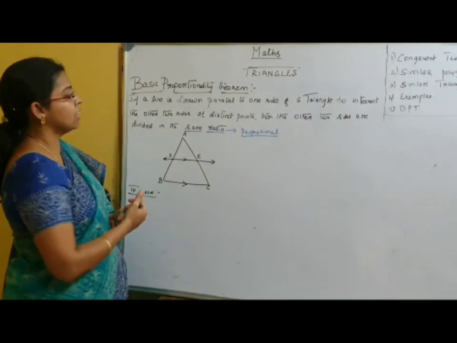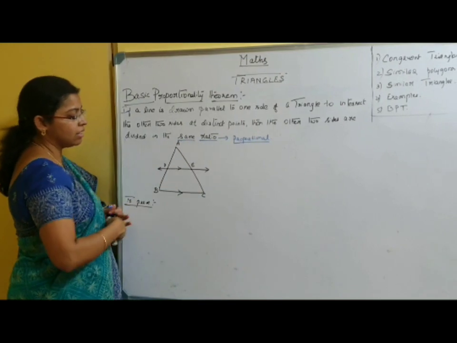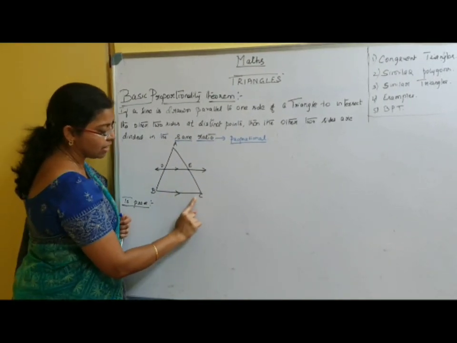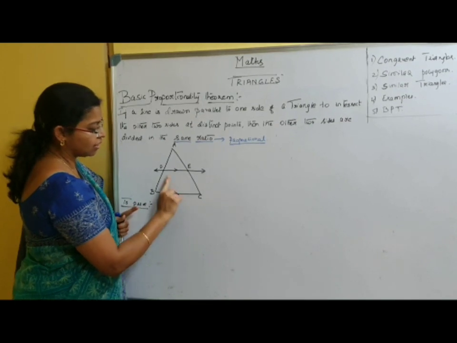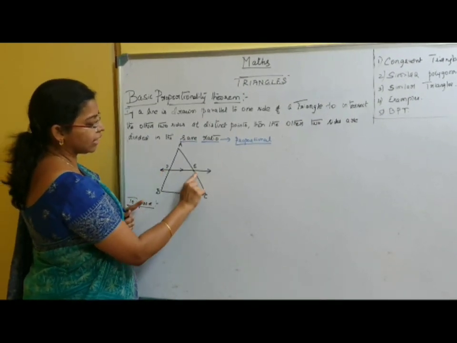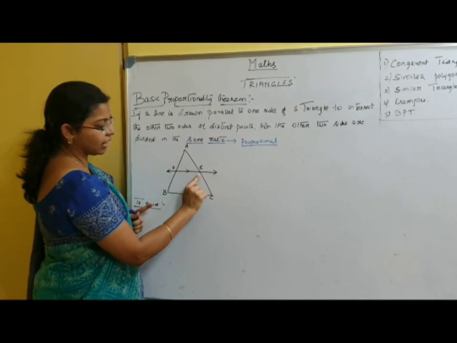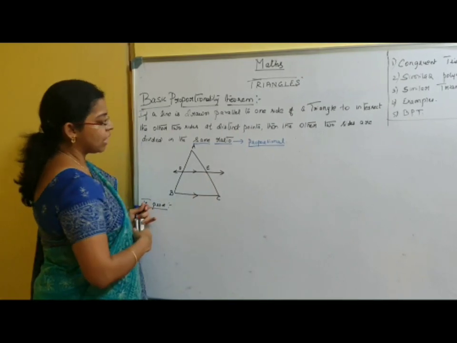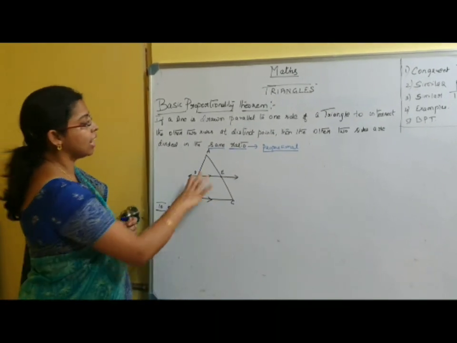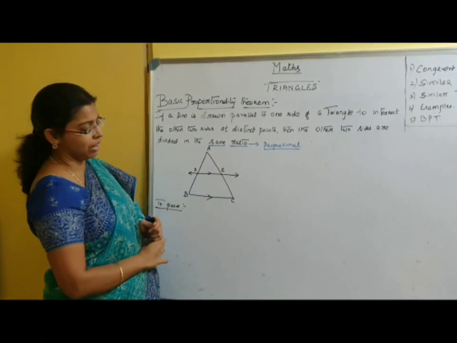So we will reconsider the statement. If a line is drawn parallel, we draw this line parallel to one side of the triangle ABC, which is BC. This line is drawn parallel to BC in such a way that it intersects the triangle at distinct points. That is, D and E are the distinct points. If it divides in this way, being parallel to the third side, the other two sides of the triangle are divided in the same ratio.